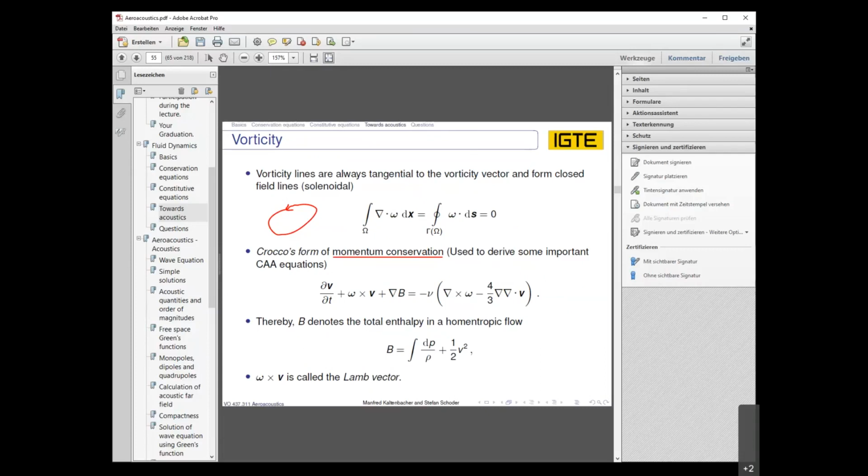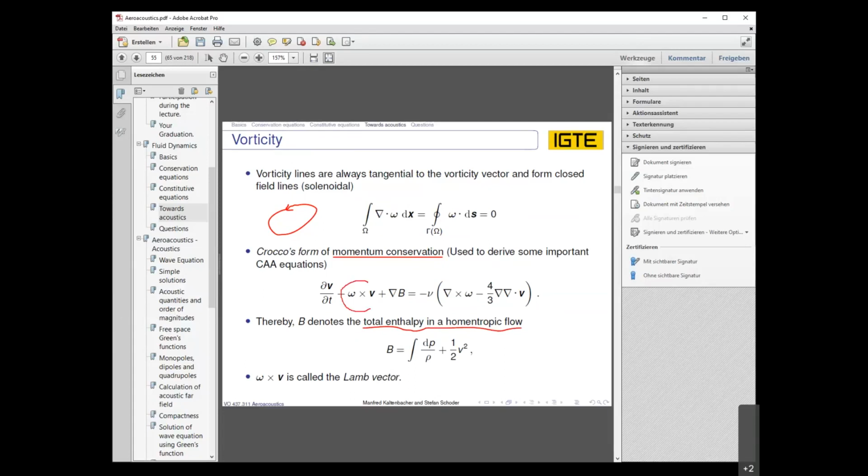Having this type of momentum conservation, which is also called the Crocco form, it is related to acoustics with the total enthalpy in a homoentropic flow. And the total enthalpy is described like this.